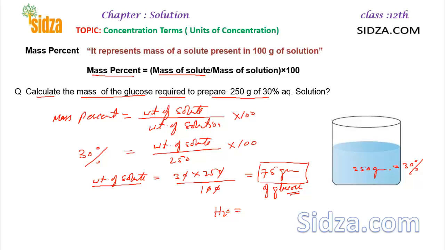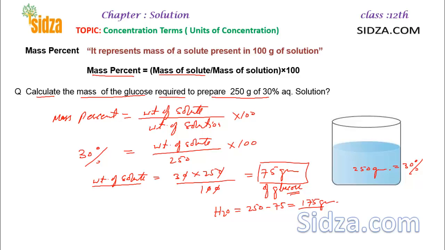The total weight of the solution is 250 grams, and out of the 250 grams the weight of glucose is 75, so the water will be 175 grams. So to prepare 250 grams of 30% aqueous solution of glucose, I have to take 75 grams of glucose and mix it with 175 grams of water.